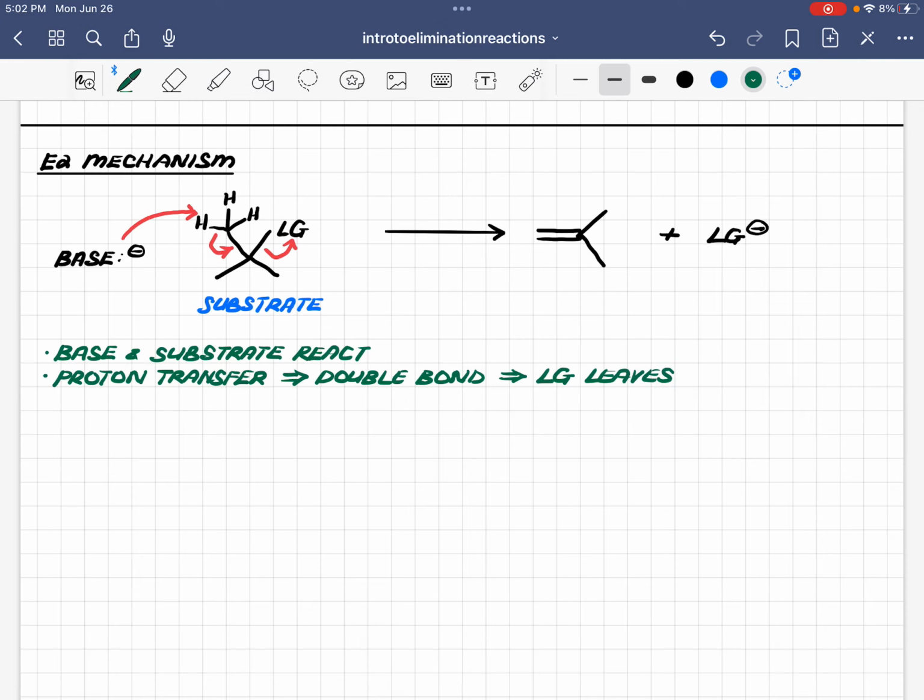An important thing to note is that an E2 mechanism happens all in one step. So it's one mechanistic step. And there are no intermediates being formed.